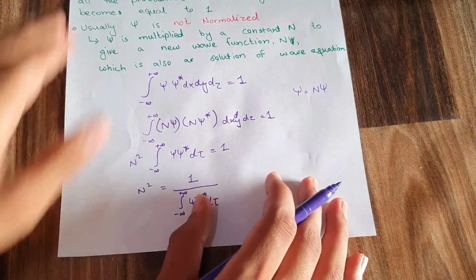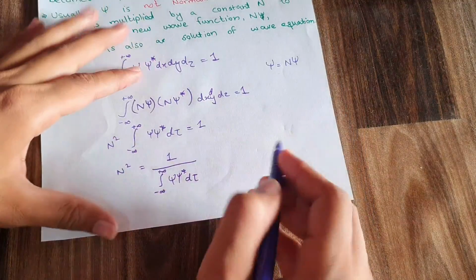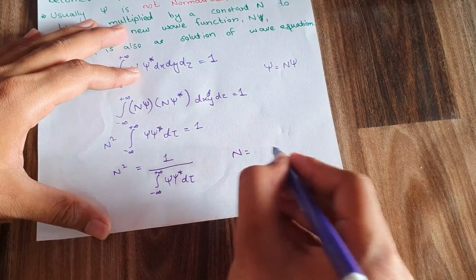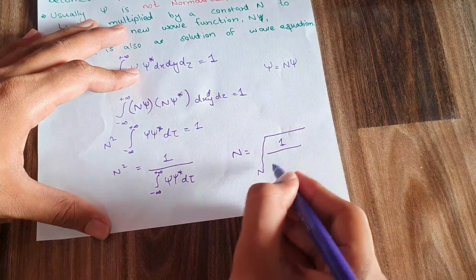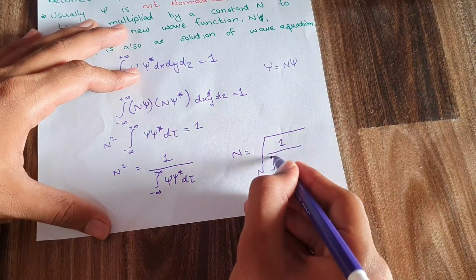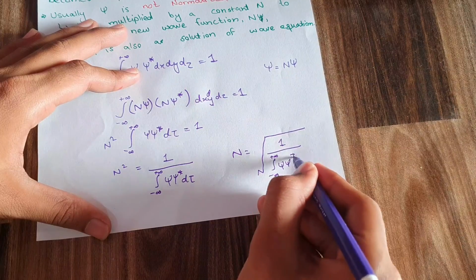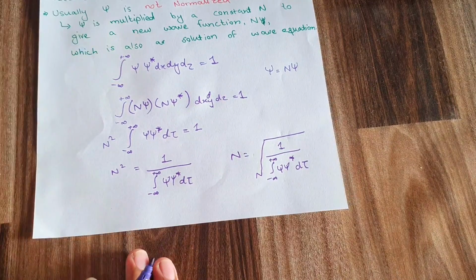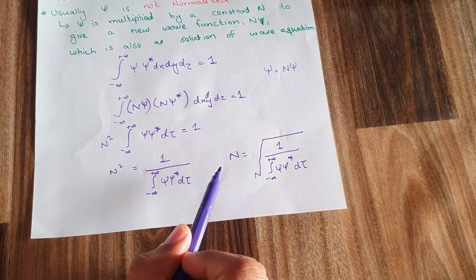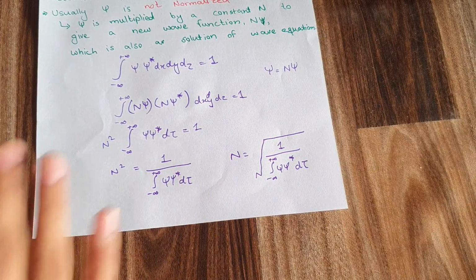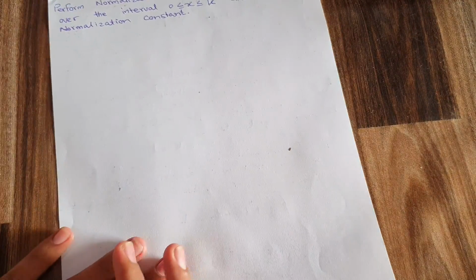On taking the square root on both sides, the equation becomes n is equal to the square root of 1 over the integral from minus infinity to positive infinity of psi star psi d tau. Okay, so this is the value of the constant. To explain this further, let us take an example of a function that is not normalized and normalize it.